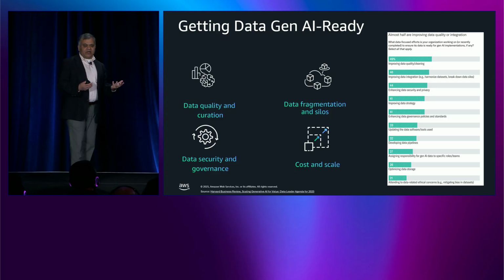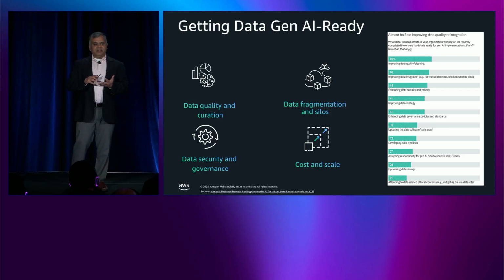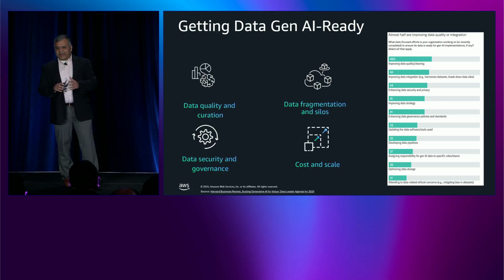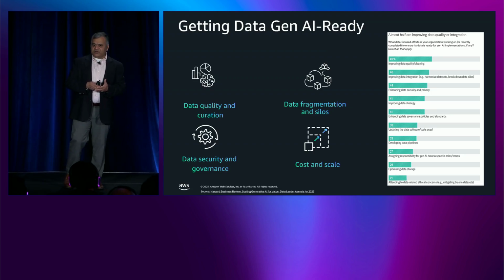The better data that you have, the better insights you're going to get. So data quality and curation remains a key initiative that these data leaders are working on. Other things like breaking down data silos, removing data fragmentation, getting data together in one place, whether you move it or provide federated access to it, remains a key area that leaders are focusing on.